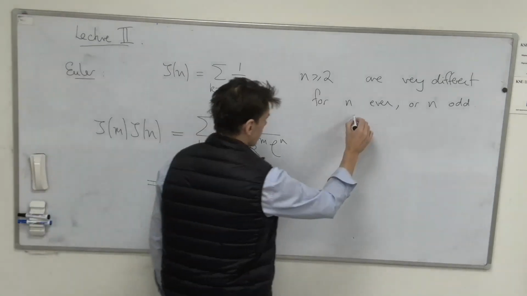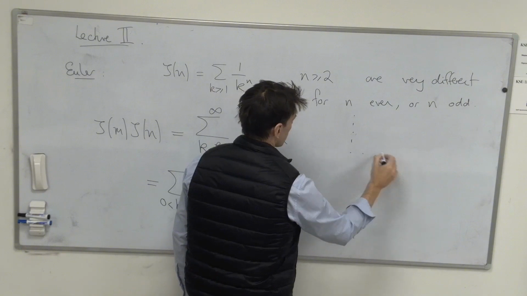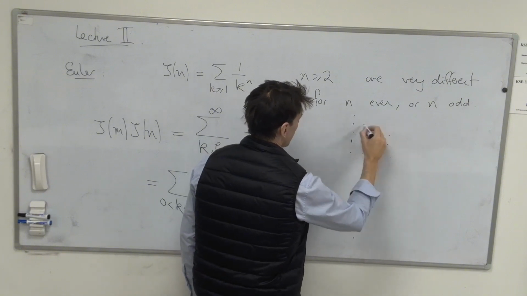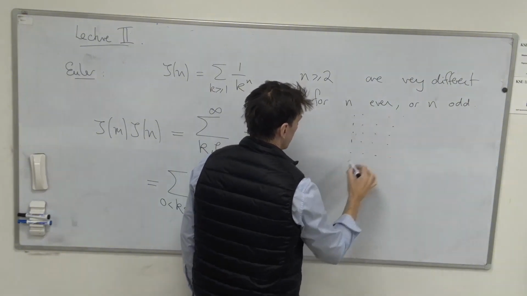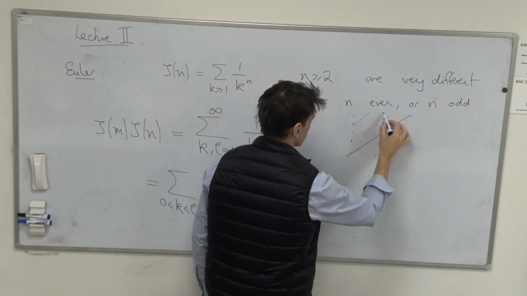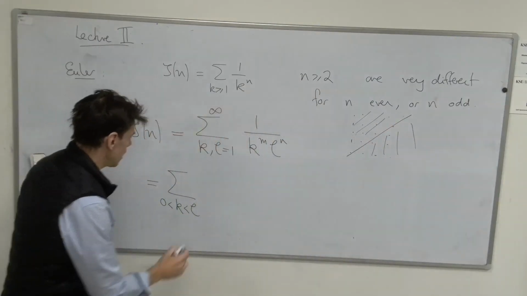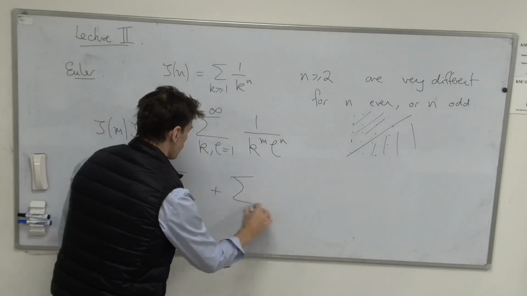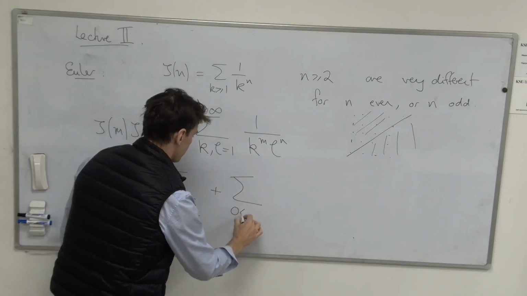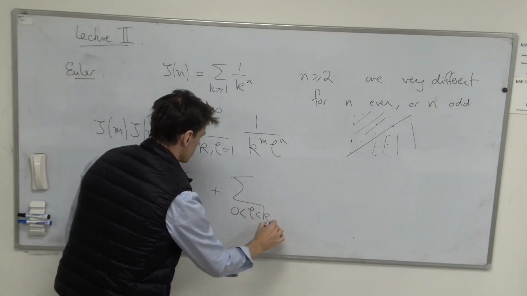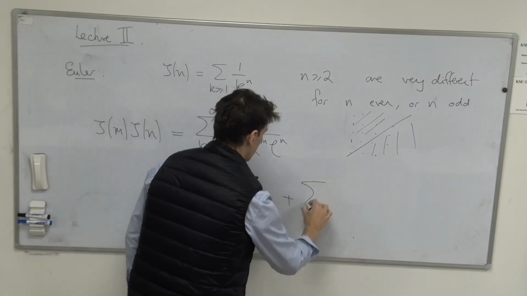You can think of it as a sum over a lattice. And Euler's idea is to split it into three regions: the region where k is less than l, the region where l is less than k, and the region where k equals l.